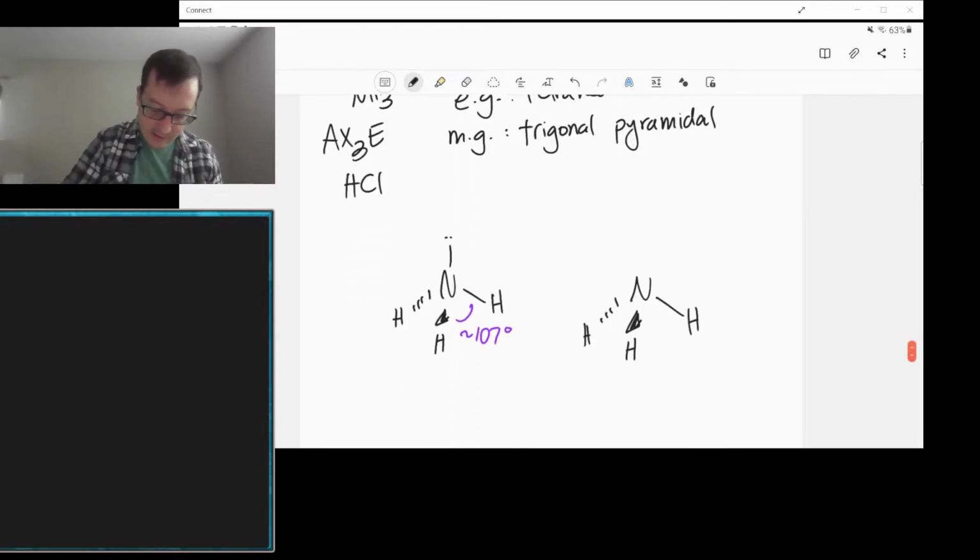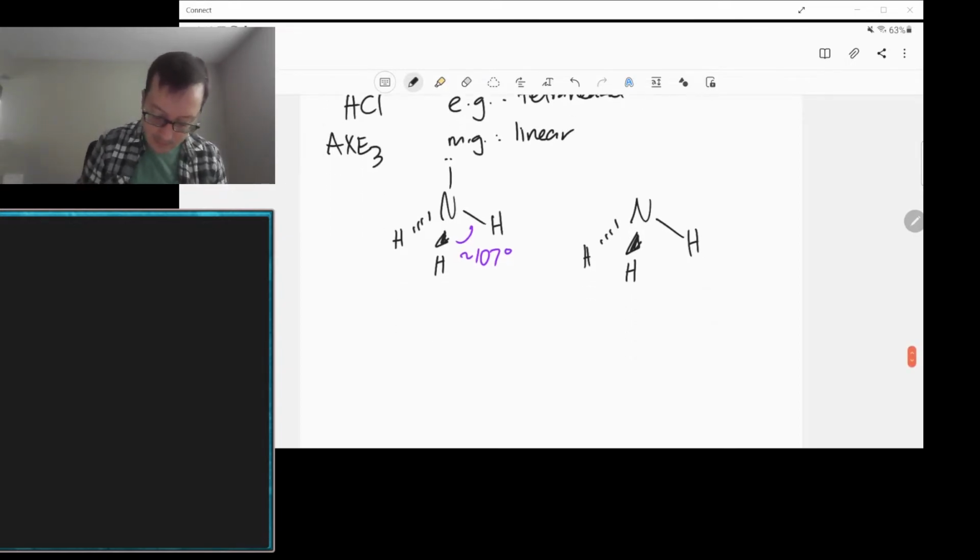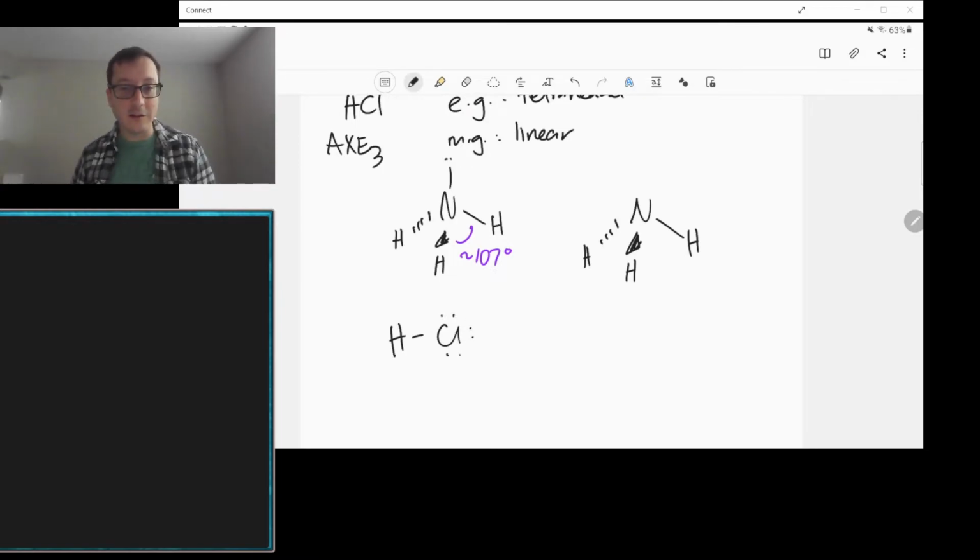All right, then HCl is kind of an easy one. That's AXE3. Its electron geometry is tetrahedral, and its molecular geometry is linear. And how do we know that? Because there's really only two atoms, so there's no angle to really compare with. So the hydrogen's already as far away from everything as it can be.